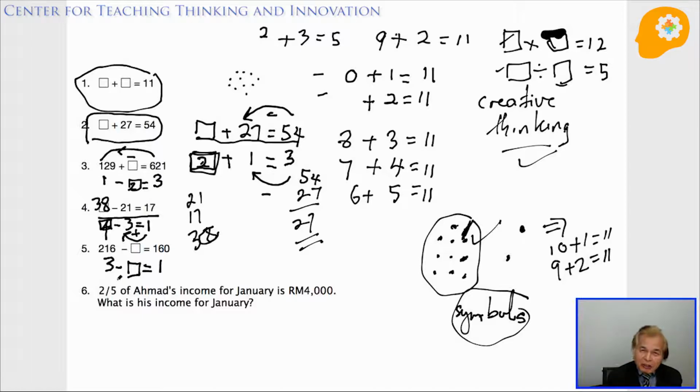Let them have the feel of mathematics. So ask him again, 3 minus what equals 1? Oh, you got it, 2, for example. Okay, now ask him again, what do you do with 3 and 1 to get 2? Again, they will figure out, 3 minus 1 to get 2 here.